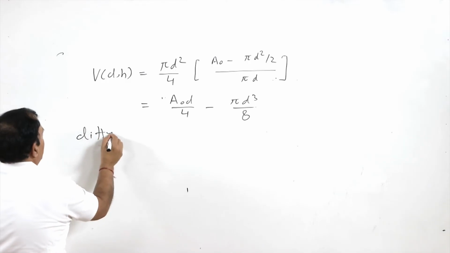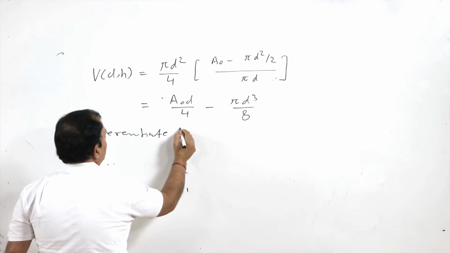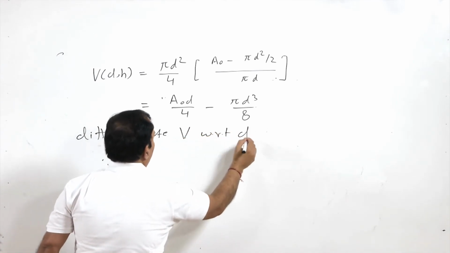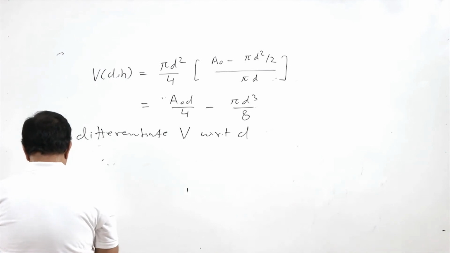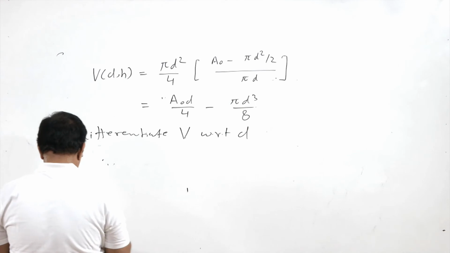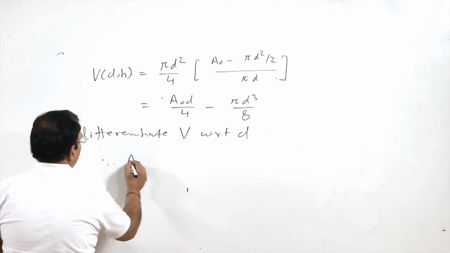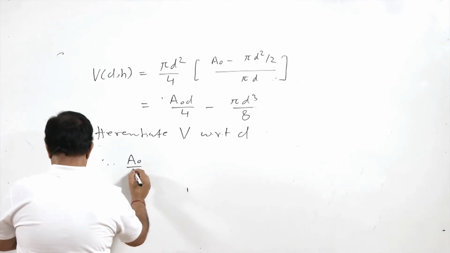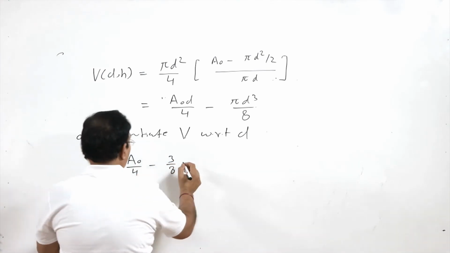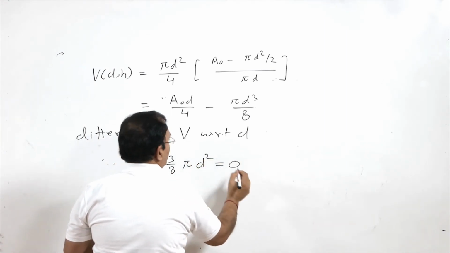Differentiating V with respect to d, what do we get? a naught by 4 minus 3 by 8 pi d square equal to 0.